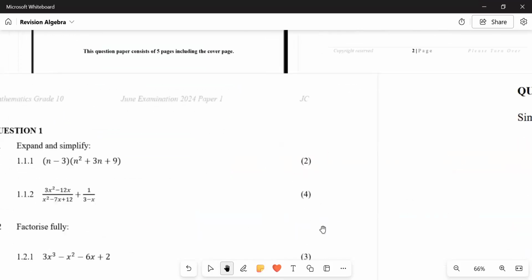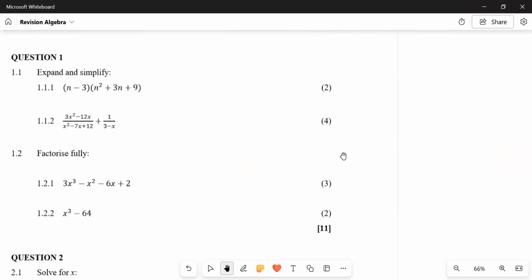So guys, I will be focusing on algebra, only algebra, and I will select questions, right? For an example, I will start with this question here, 1.1.2. This question is actually interesting, guys. It's really interesting. So how do we go about answering this question?